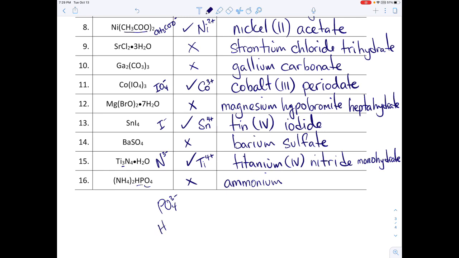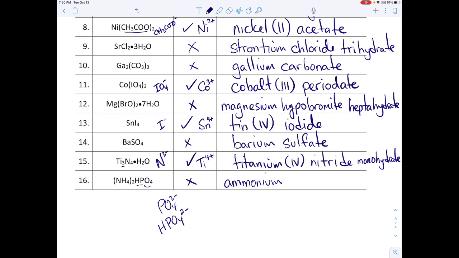So if you add a hydrogen and you get HPO4, hydrogen's charge is 1 positive. So if you add a 1 positive to that 3 negative, that's going to give you a 2 negative. So this thing is called hydrogen phosphate. PO4 3- was phosphate. If you put a 1 hydrogen with it, it's called hydrogen phosphate.